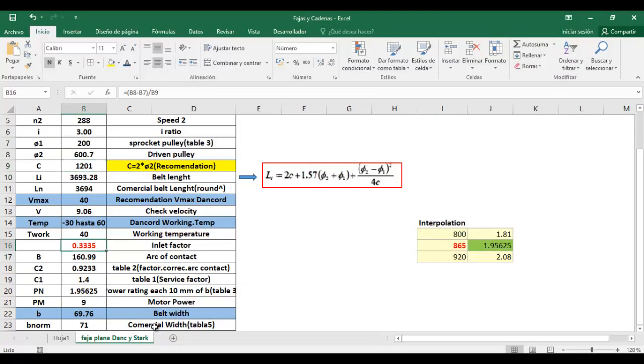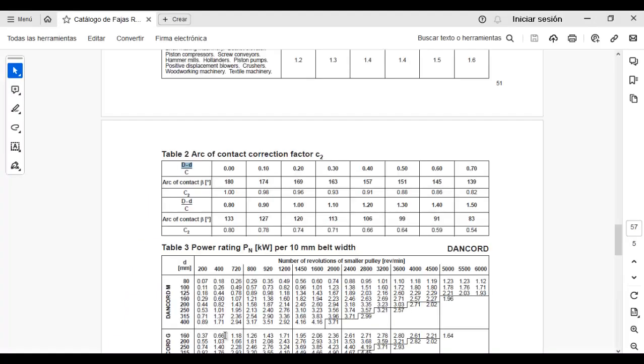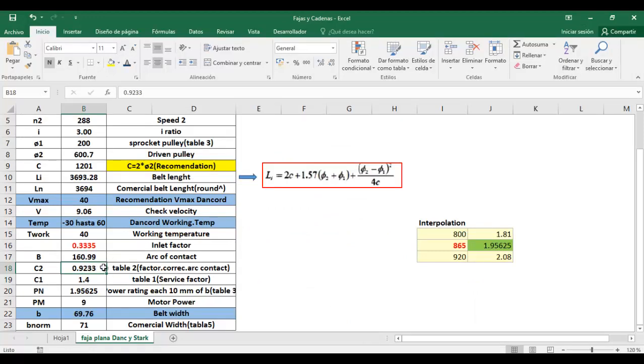So you know this is 0.3335. Then you need the arc of contact. This is to calculate our arc of contact correction factor, which is from here.